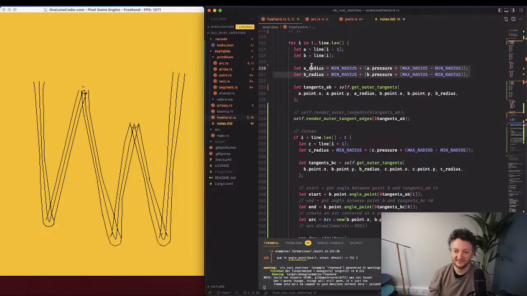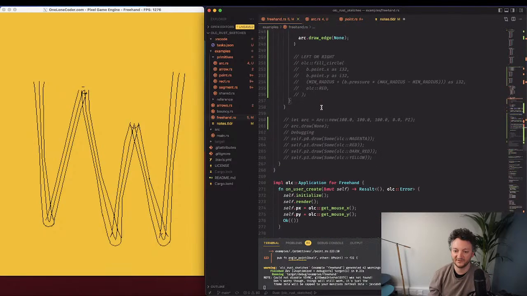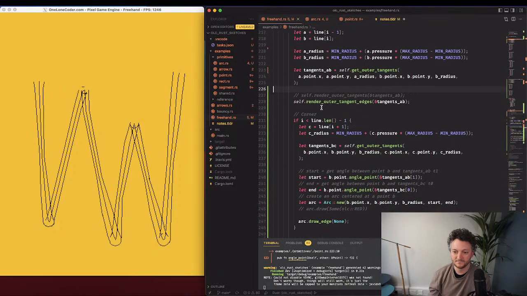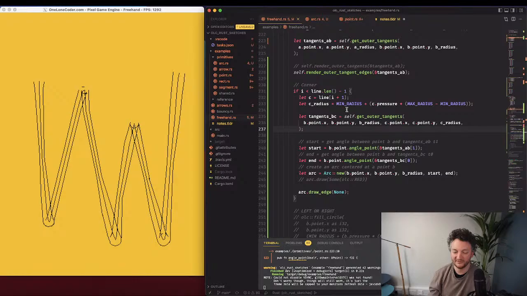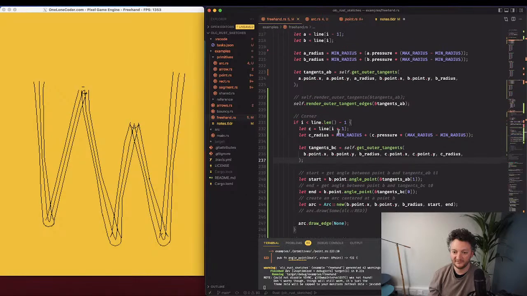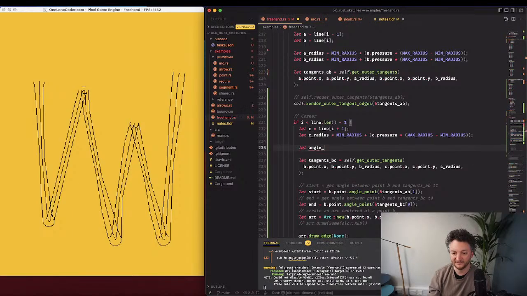I forget how I did this in perfect freehand. I think it's really simple though. I think it's just like here where we have A to C, C to B. I think it's like let angle AB equal A dot angle to B dot point.